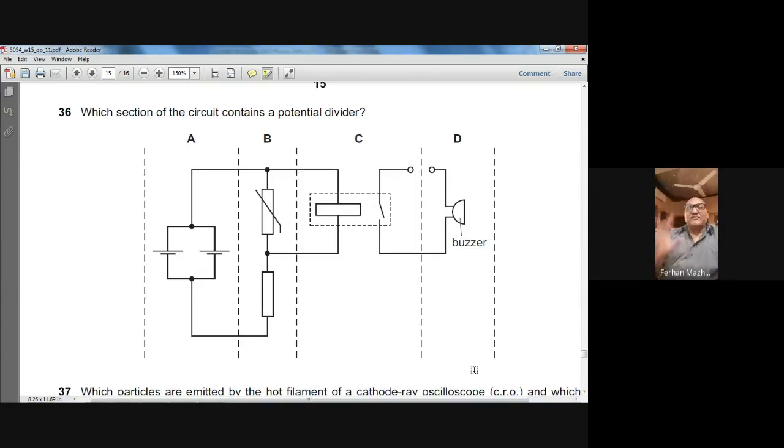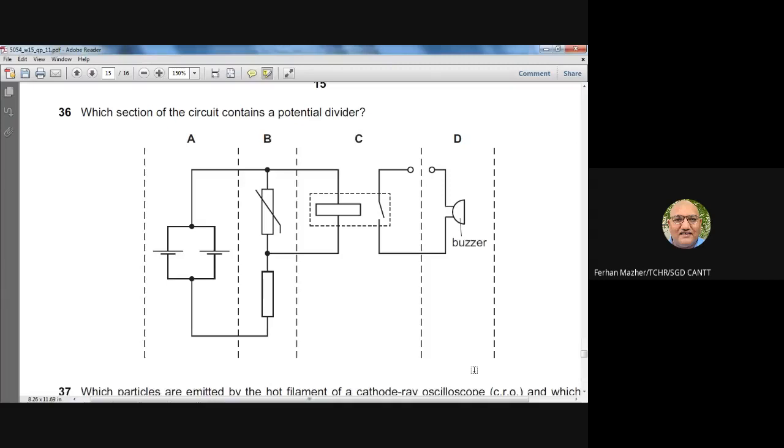Either you can take the V out from the first resistor, or from the second resistor. Potential divider is basically two resistors connected in series, and we take V out from across one of the resistors, either R1 or R2.